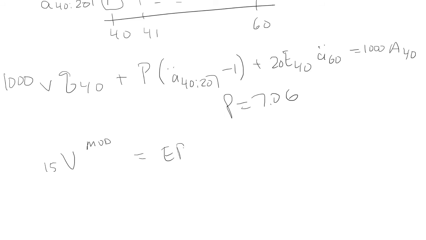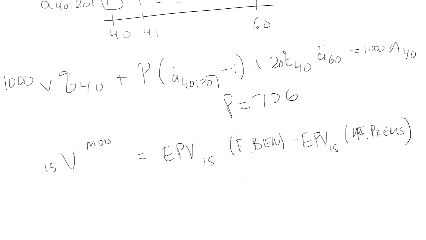That's going to be the expected present value at the end of year 15 for the future benefits, minus the expected present value at the end of year 15 for the future modified premiums. We have to be careful. The benefit is very simple.